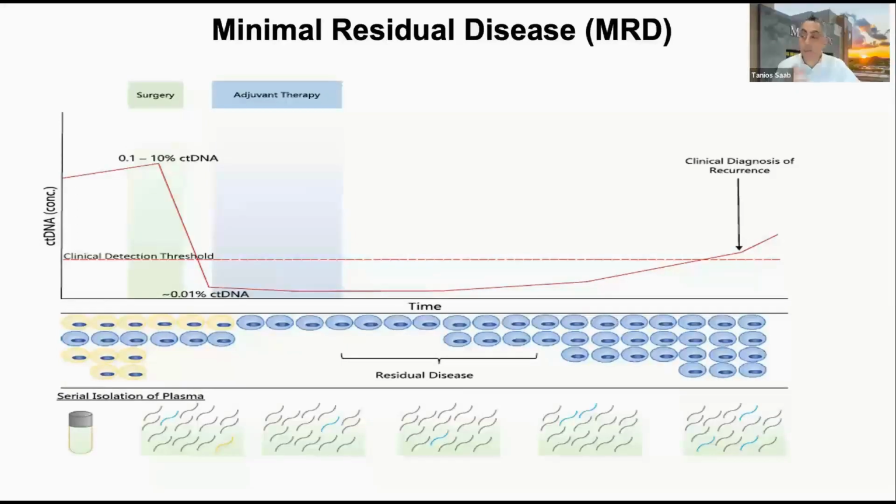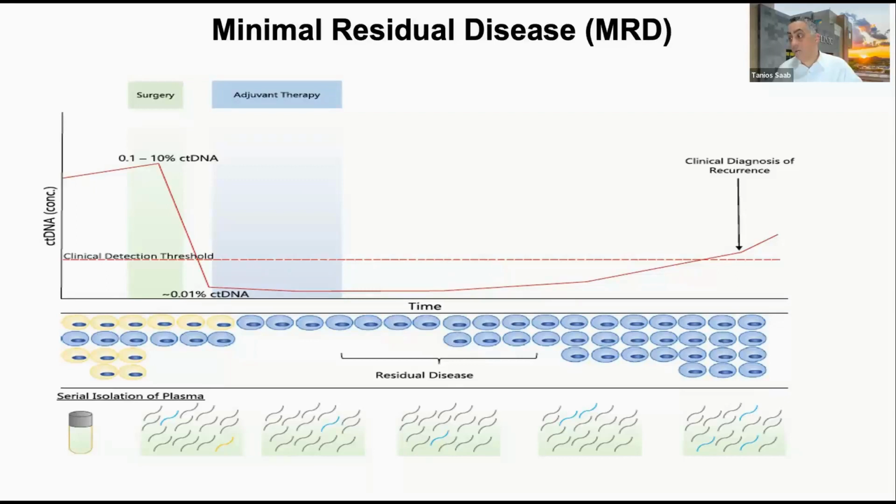Now you do your scans, you do your CEAs, etc. Everything looks relatively good. And if you do your MRD assessment, there's a good chance you're going to pick up a positive here, an MRD positive disease without clinical evidence of recurrence. And there's this lead time between when MRD is positive and when the patients recur.